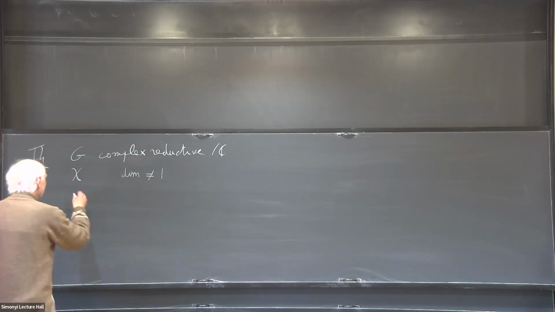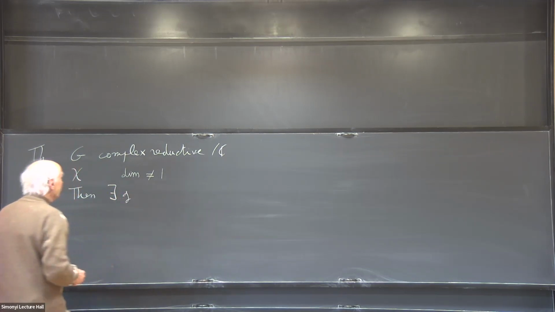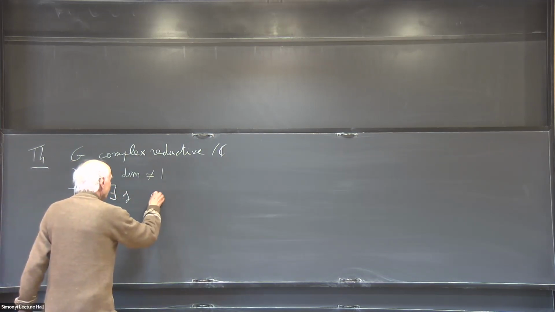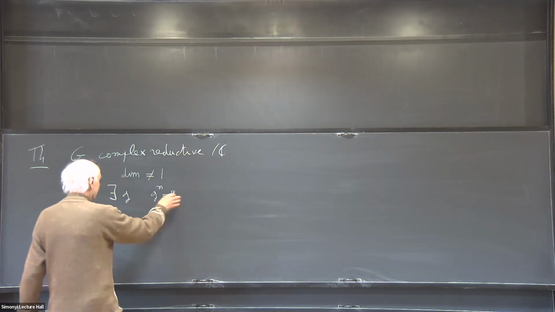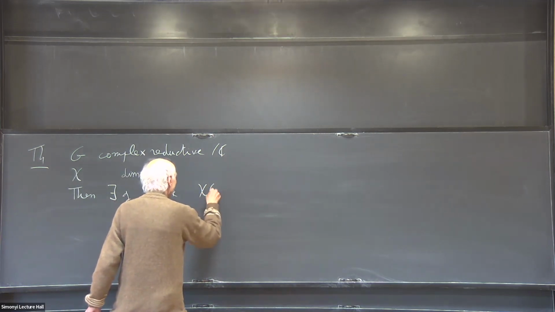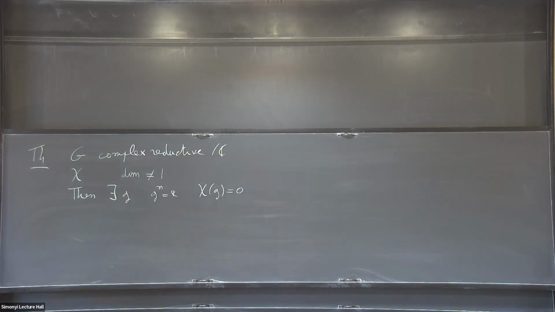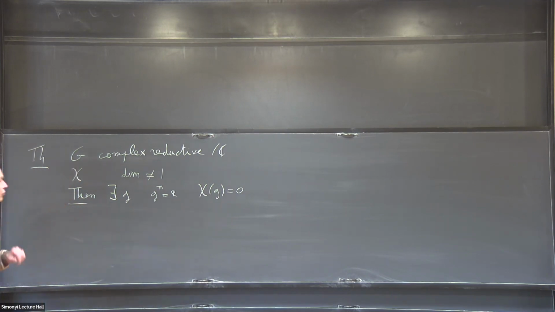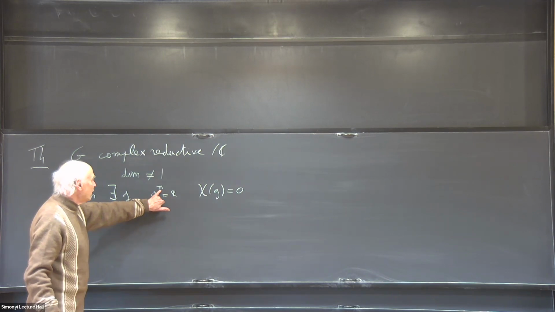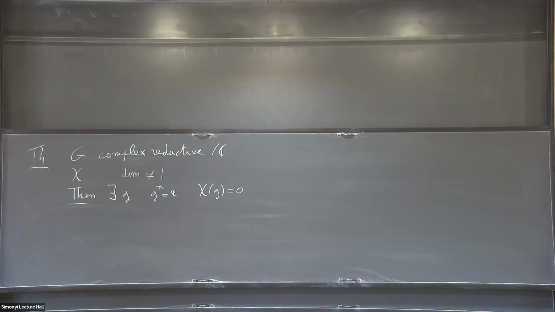Then what one asks is that there exists an element g of the group, with g^n equal to the unit element for some n, on which the character vanishes. And the complement, so that's due to Serre, and the complement due to me is that one can find g so that the order is a prime power.